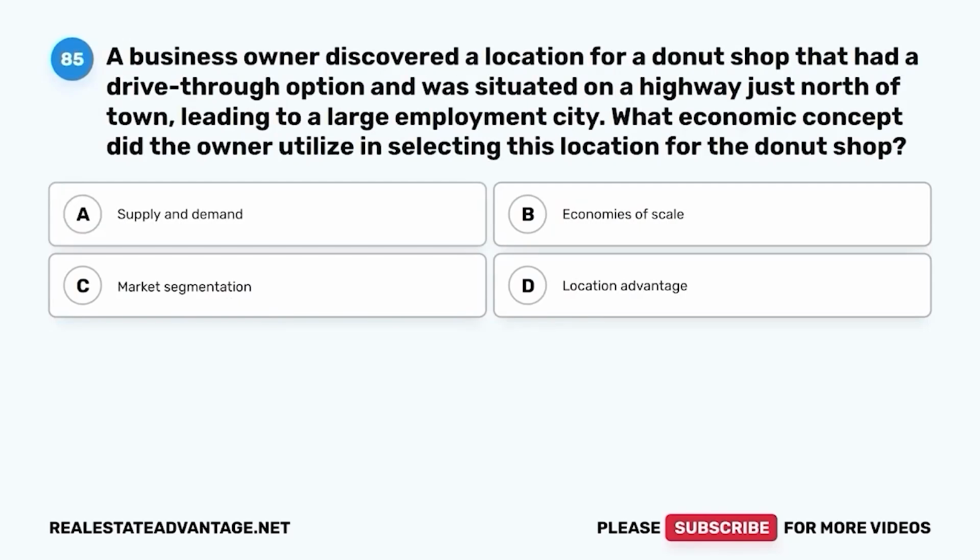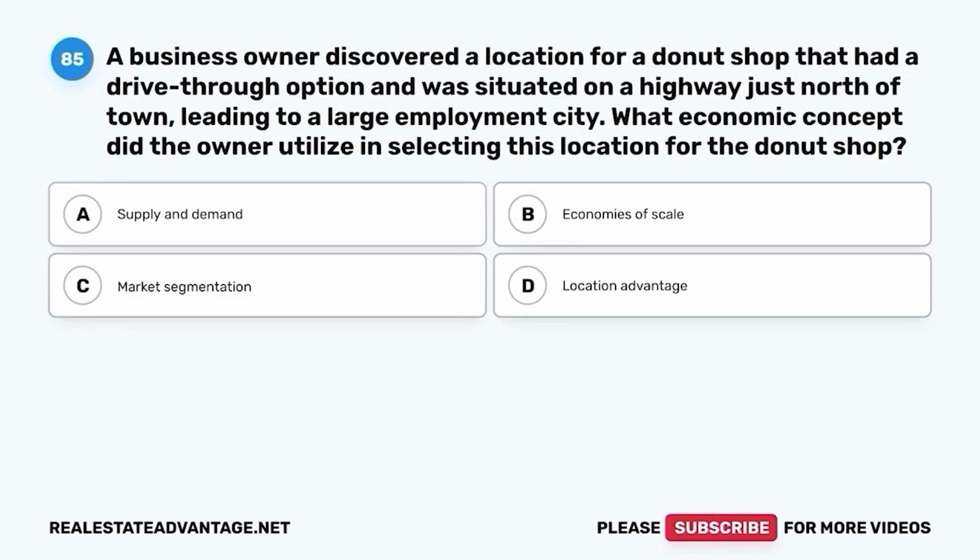Question 85. A business owner discovered a location for a donut shop that had a drive-through option and was situated on a highway just north of town, leading to a large employment city. What economic concept did the owner utilize in selecting this location for the donut shop? A. Supply and demand.